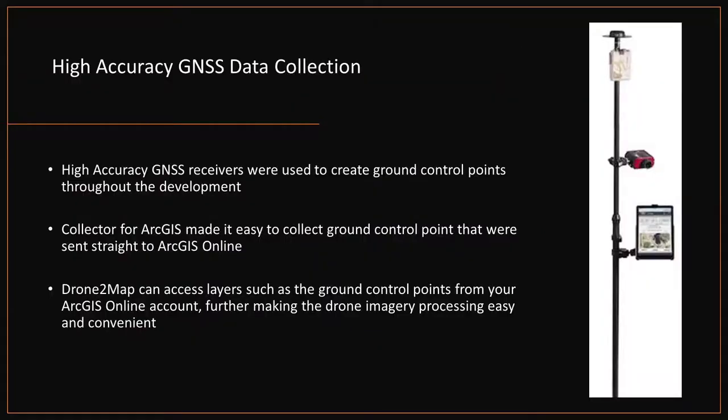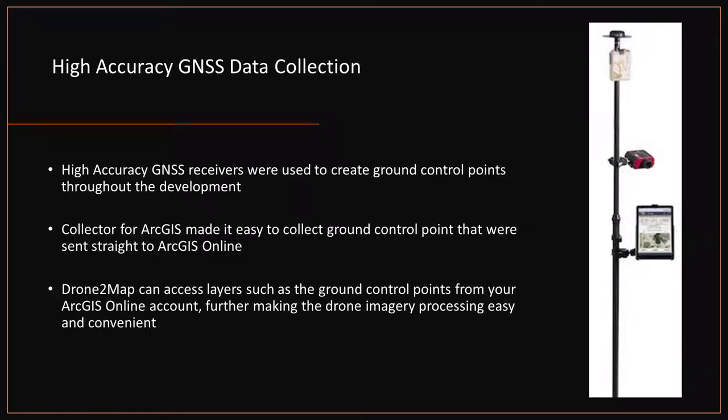So I mentioned that we collected high accuracy GNSS points for our ground control points. We used the EOS Aero Gold to collect these points straight into ArcGIS Collector. This is just a great setup to have because everything works with ArcGIS products.